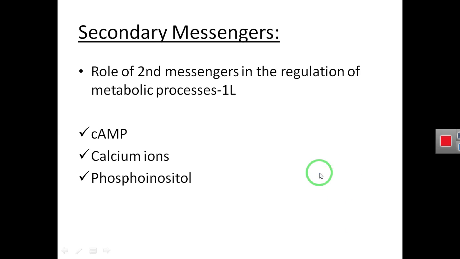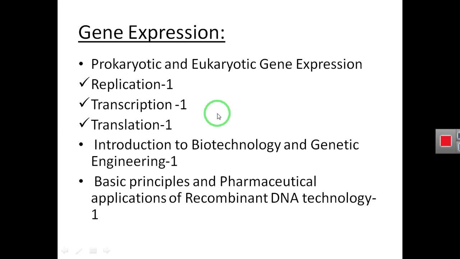Then I will explain to you the role of second messengers in the regulation of metabolic processes, which we will complete in one lecture. So in this topic we will study cyclic AMP, calcium ion, and phosphoinositol. All these are second messengers. So these three important second messengers I will complete in one lecture.